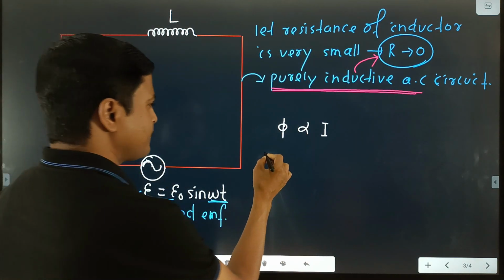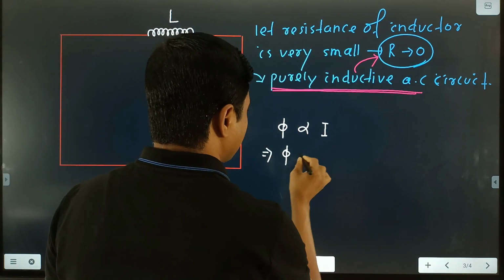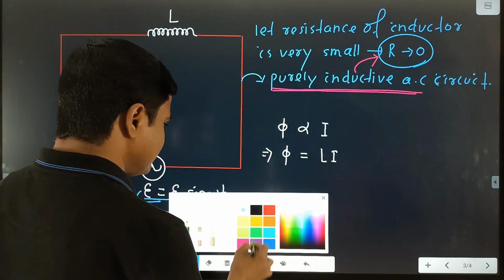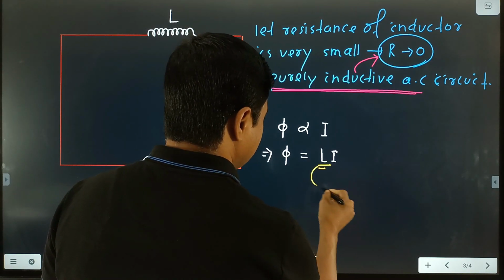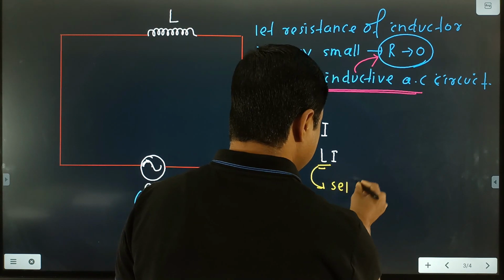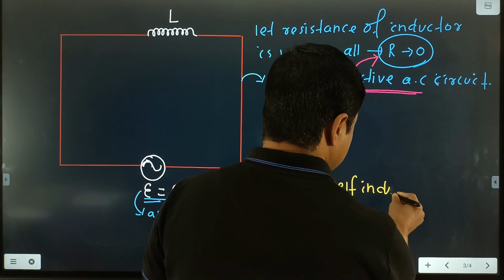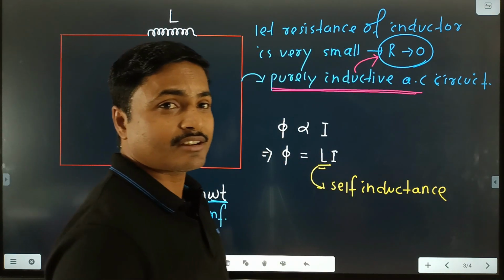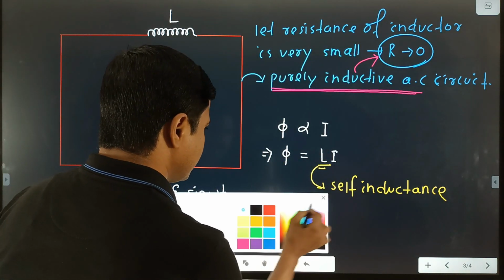That implies we write phi is equal to, here you put a constant, L multiplied by I, and this L is known as the coefficient of self-induction, or you also write self-inductance. That is also known as self-inductance, or simply we write that it is a constant.